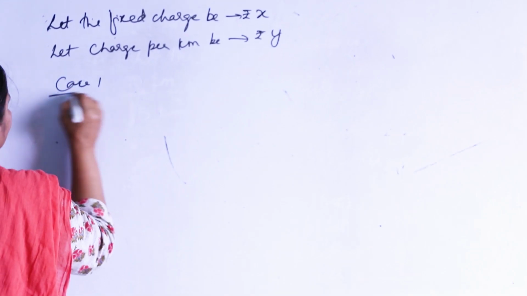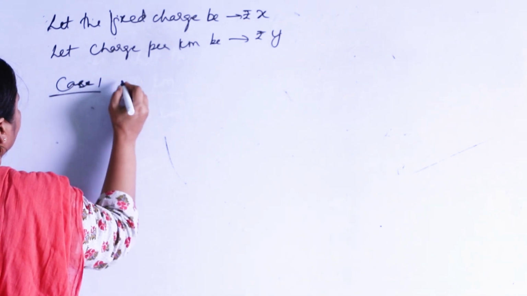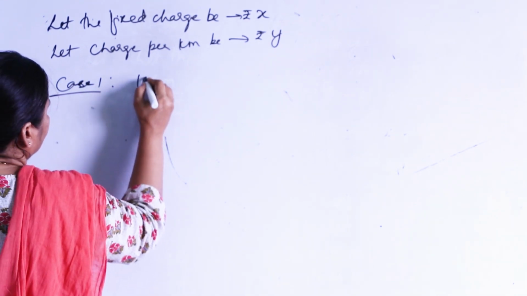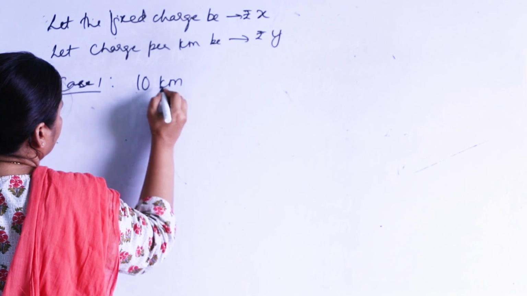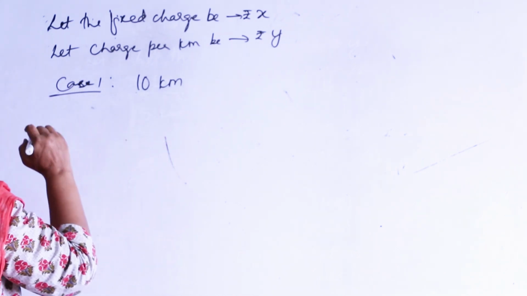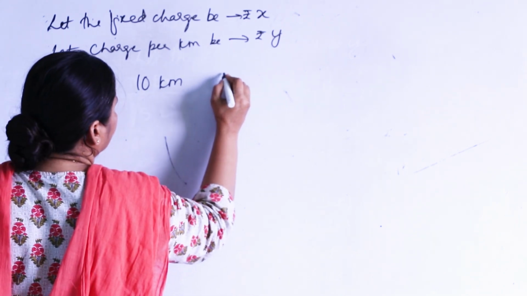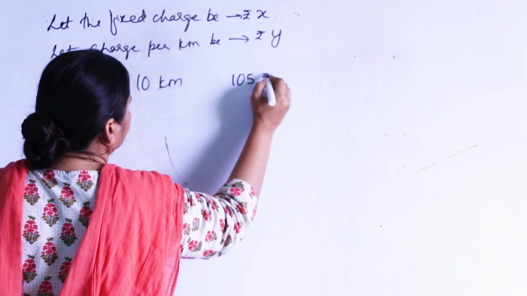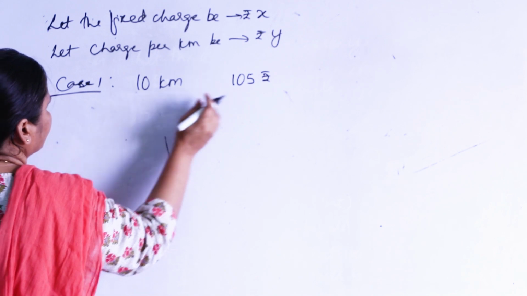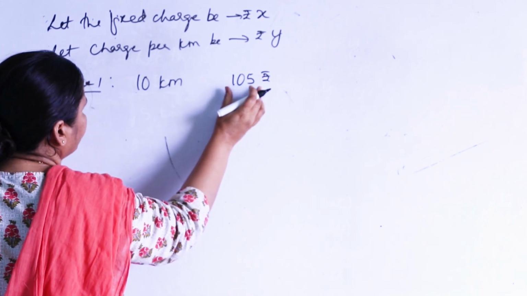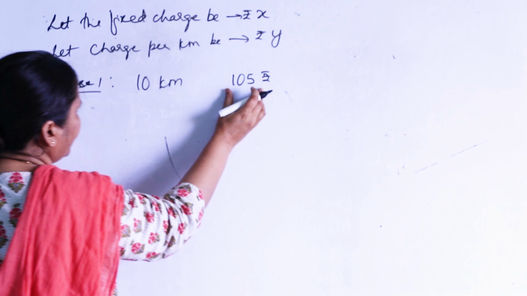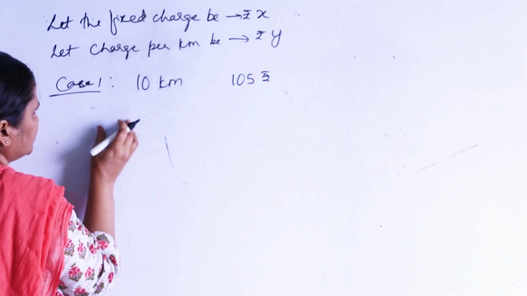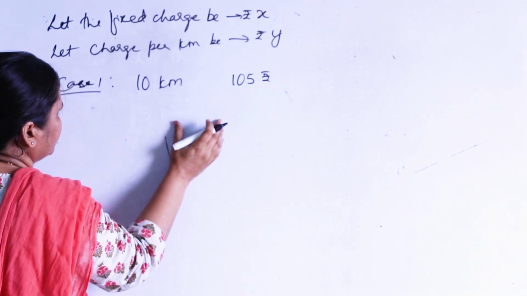Case 1, let's see what is the information given for case 1. In case 1, the distance covered is 10 kilometers and the total charges paid is 105 rupees. Which means this 105 includes the fixed charge and the variable charge.